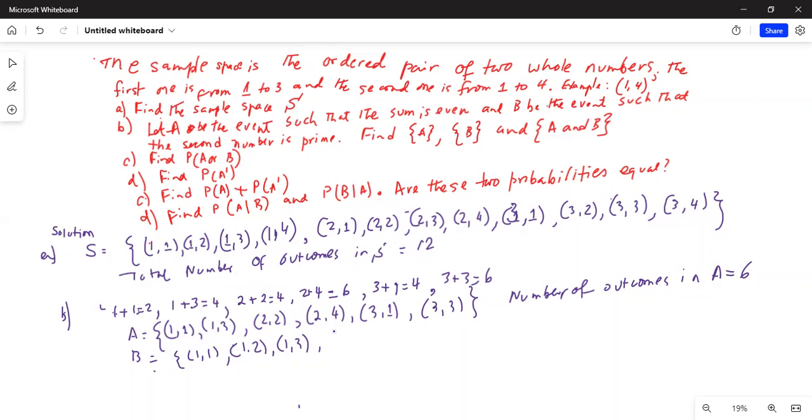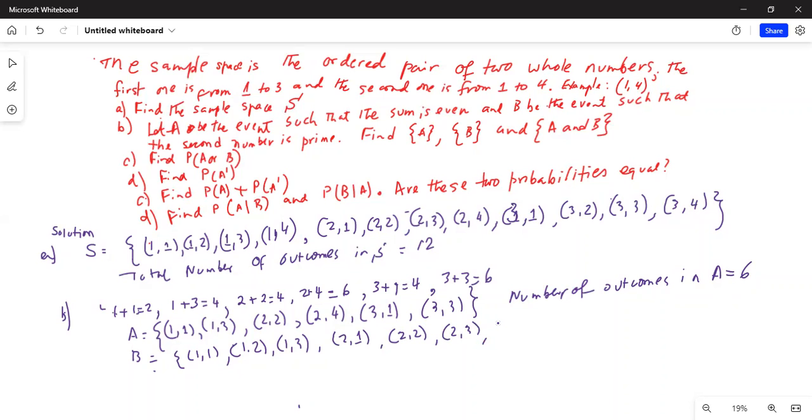Next, the first number is 2: (2, 1), (2, 2), because 2 is also a prime number, and (2, 3). (2, 4) is not included because 4 is not prime.